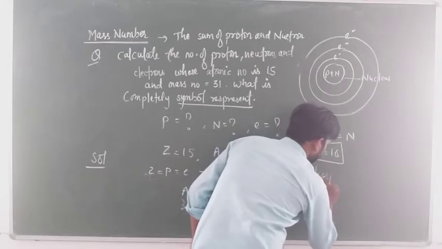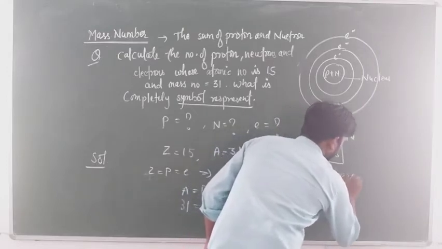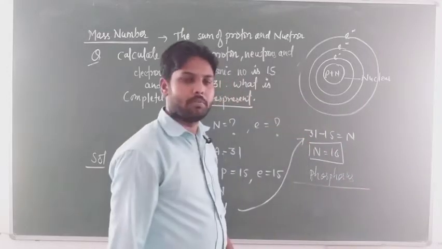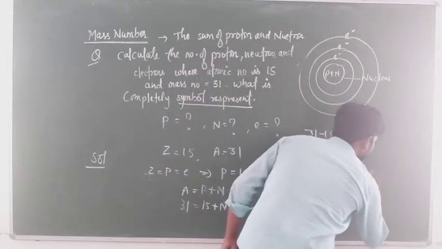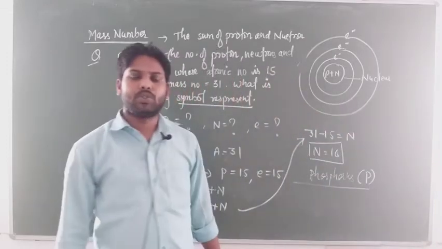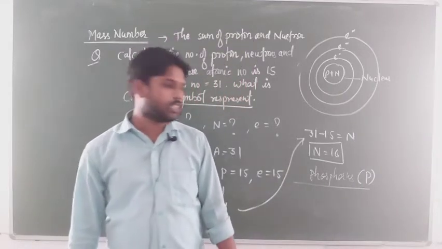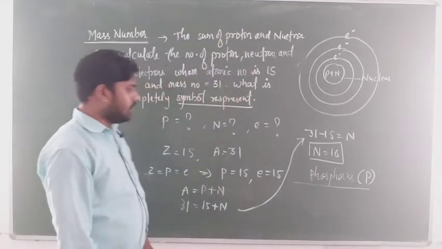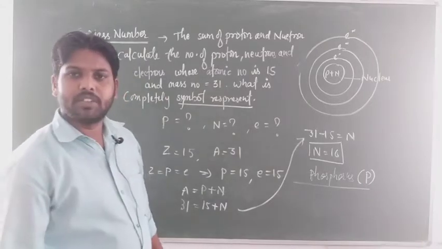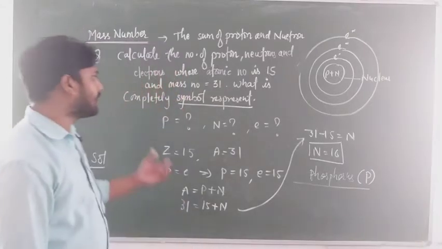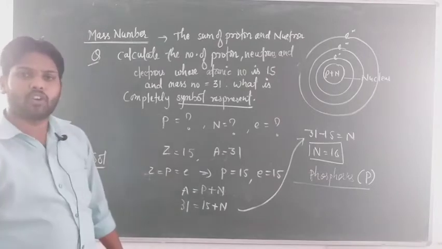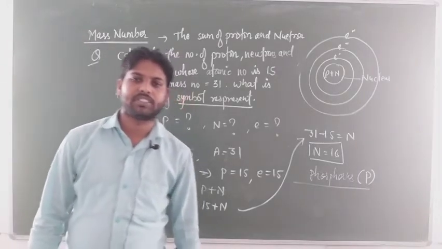Phosphorus, P, is the element whose atomic number is 15. Okay students, from this it is clear how we can calculate the number of electrons, protons and neutrons. Clear?